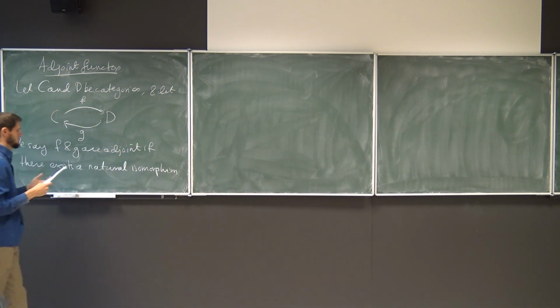A natural isomorphism is a natural transformation that has an inverse which is also a natural transformation.